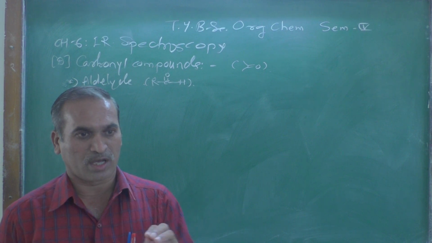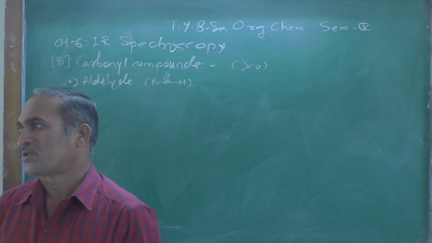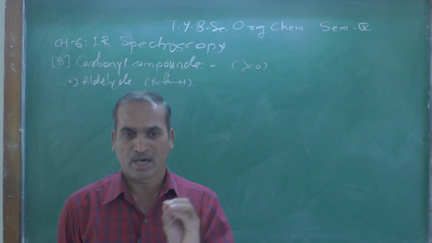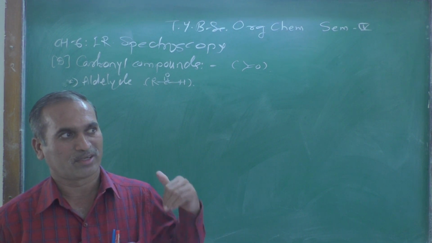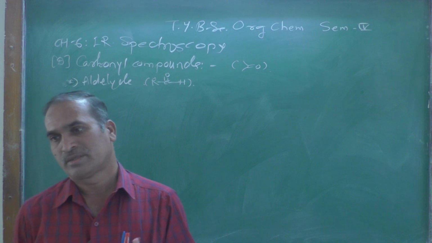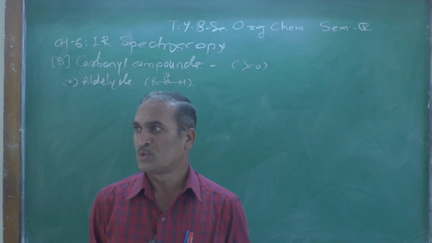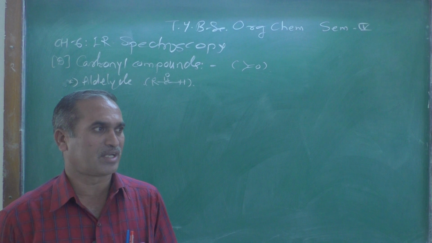One is due to the carbonyl group, another one is due to the CH stretching. The carbonyl group is nearly around 1720 per centimeter, whereas the CH aldehydic stretching frequency is found to be 2750 to 2850 per centimeter.